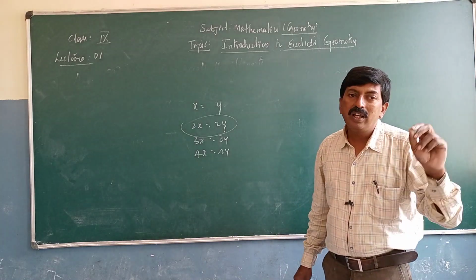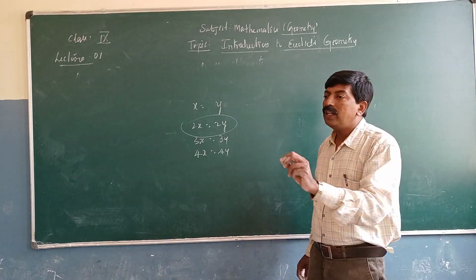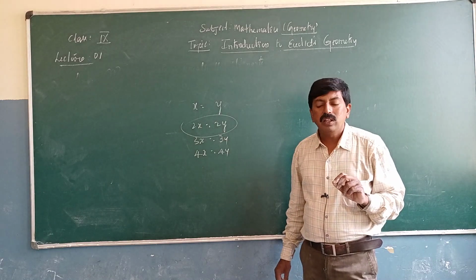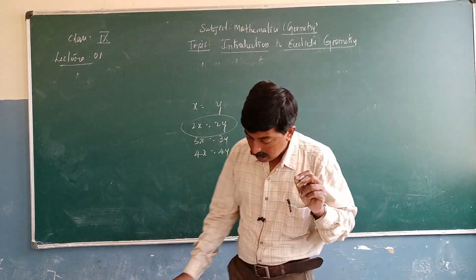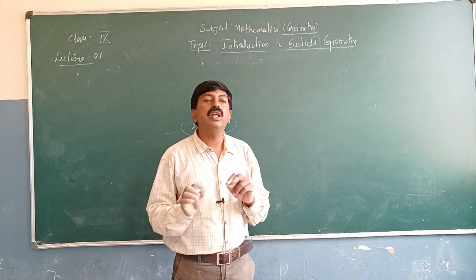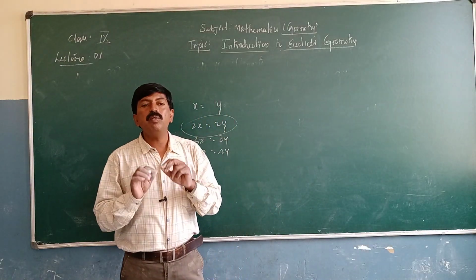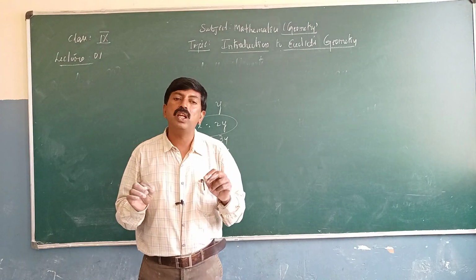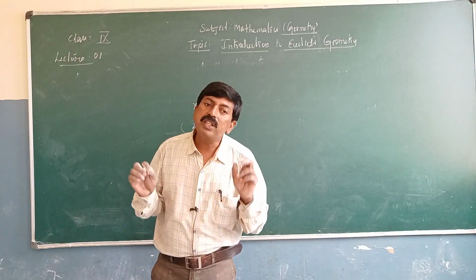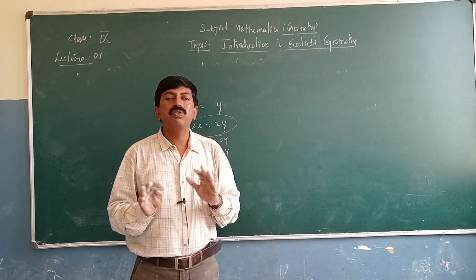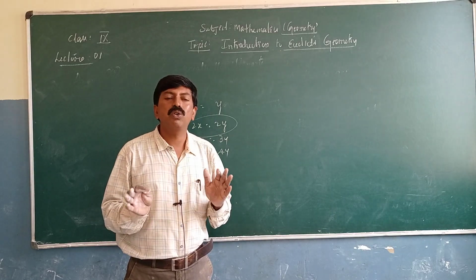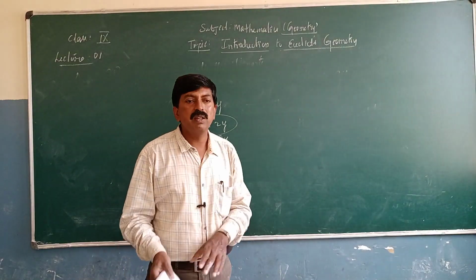For example: if equals are added to equals, the wholes are equal; things which are equal to the same thing are also equal; the whole is greater than its part; if you multiply both LHS and RHS by the same thing, you get equal results. In various ways we have to prove these axioms.